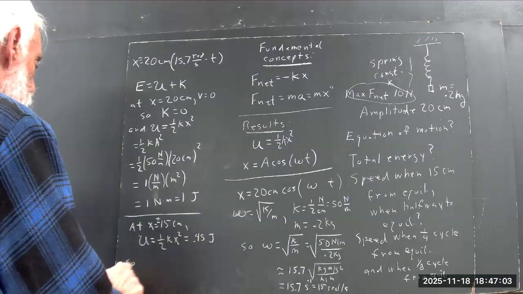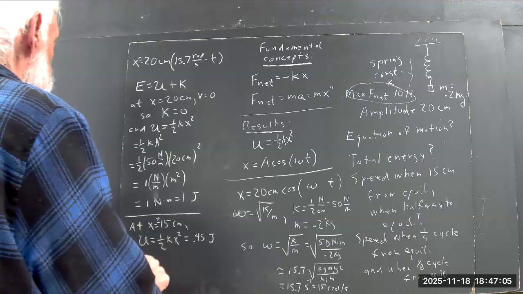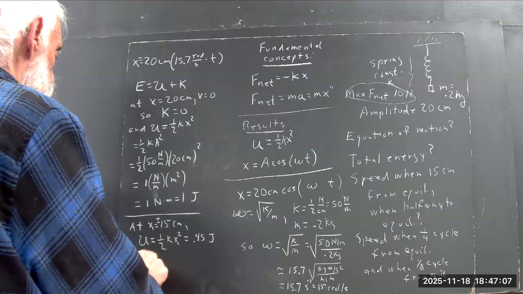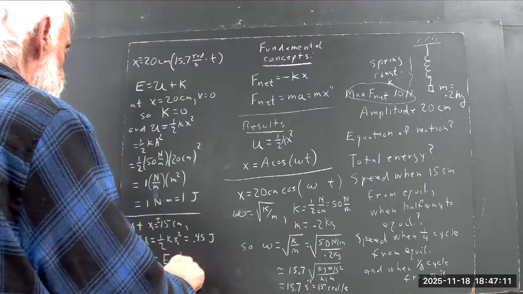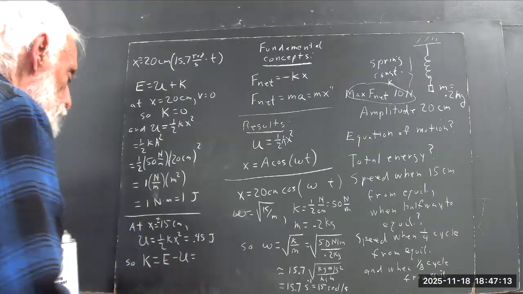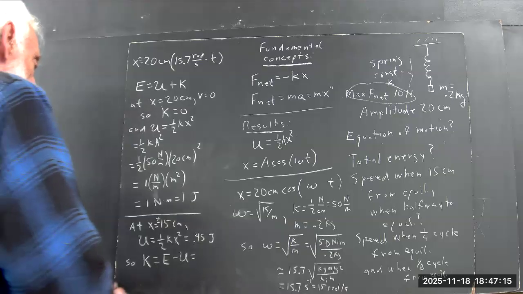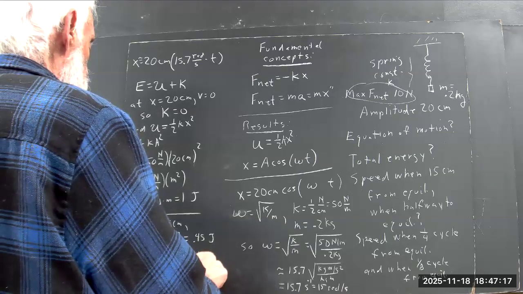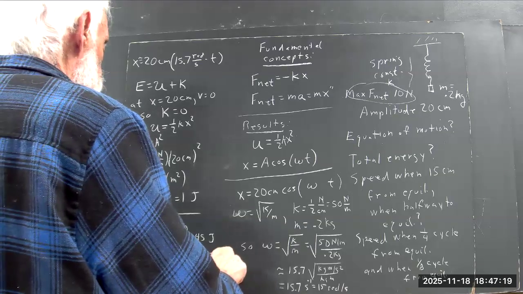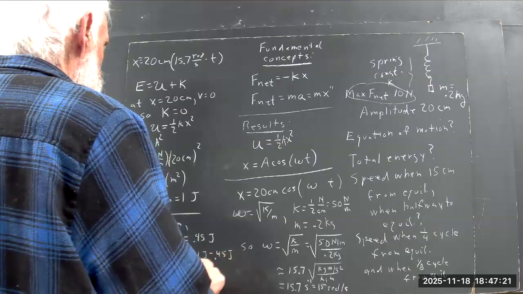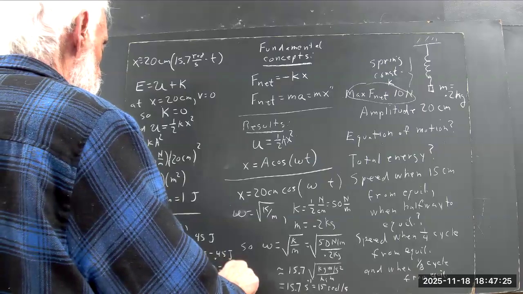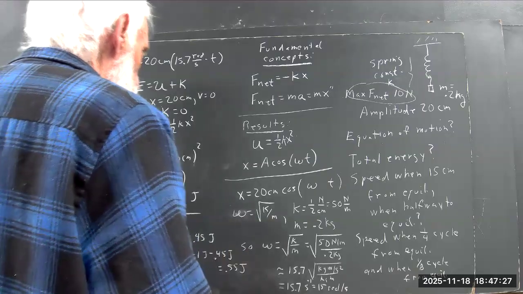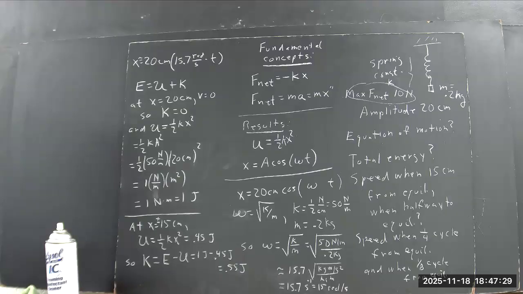So the kinetic energy is the total energy minus U, which is 1 joule minus 0.45 joules, equals 0.55 joules.